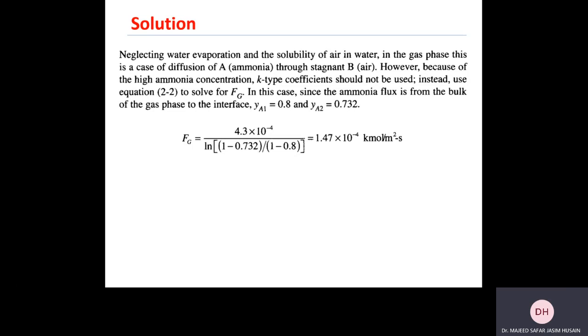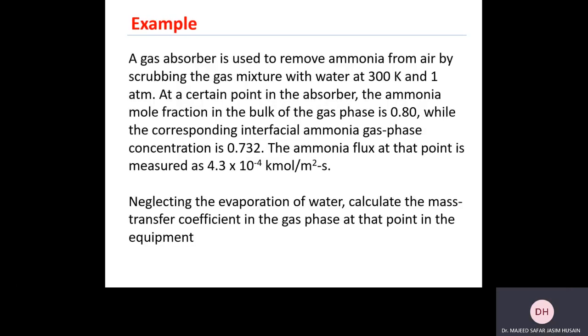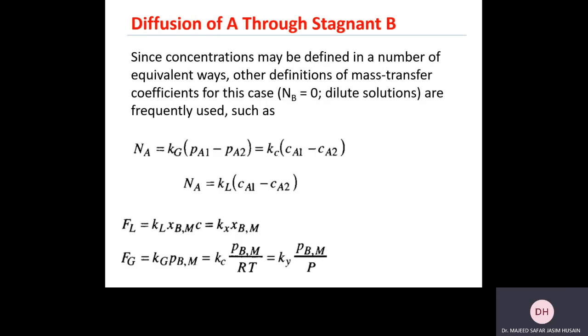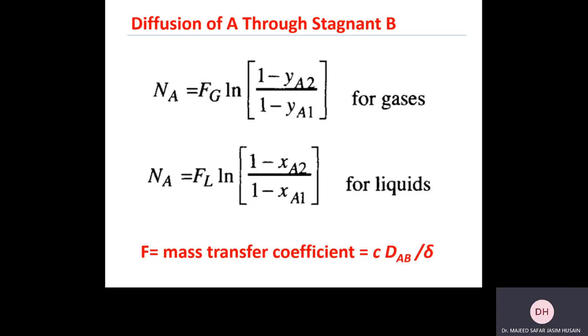So the mass transfer coefficient that is asked in this example should be the F type, not the K type. So let's go back to the equation. This is the equation. Na is equal to Fg multiplied by ln of (1 minus Ya2) divided by (1 minus Ya1). So he wants you to find the Fg.